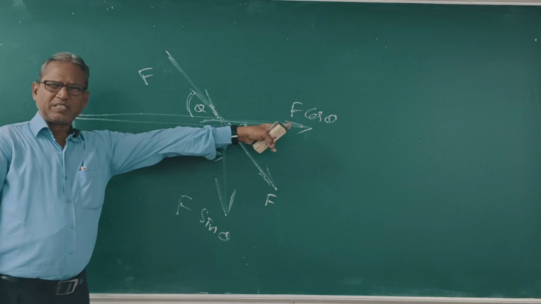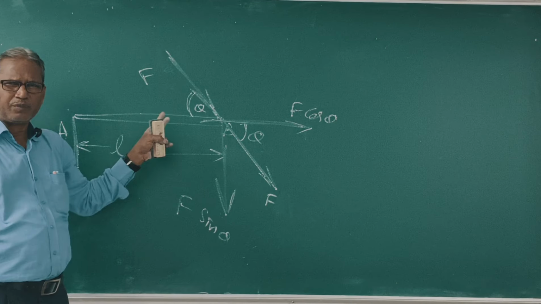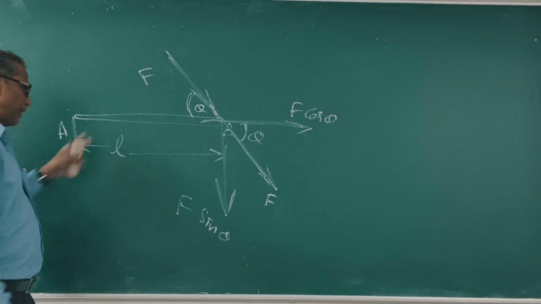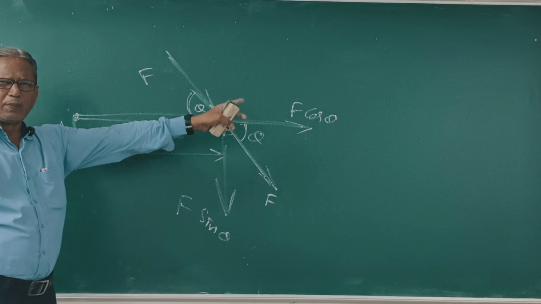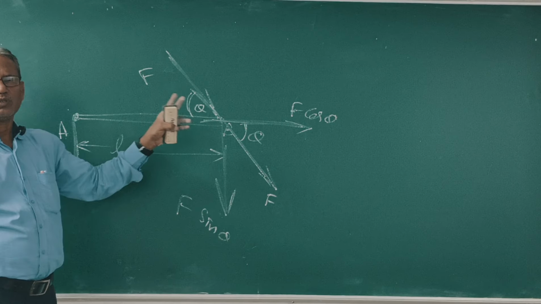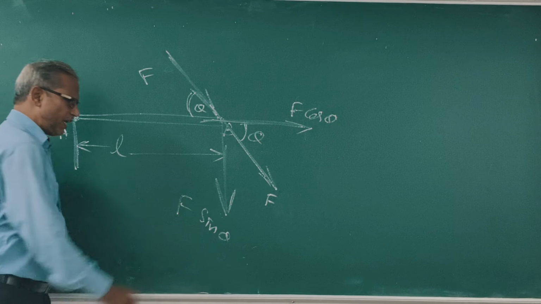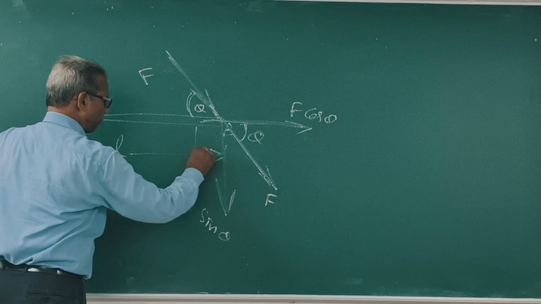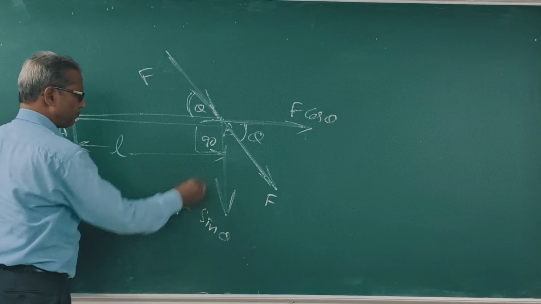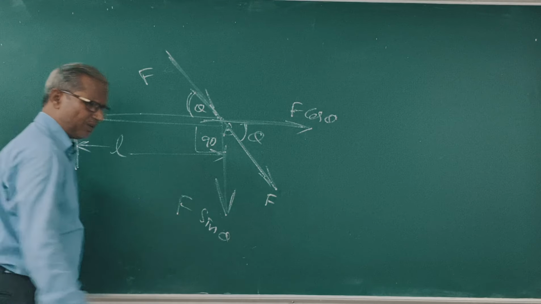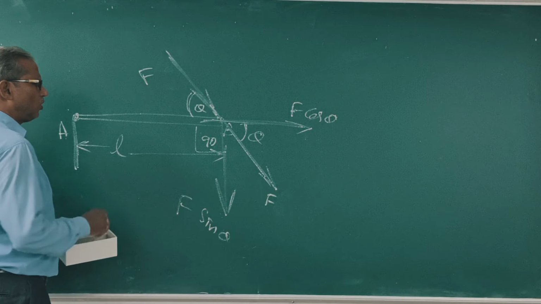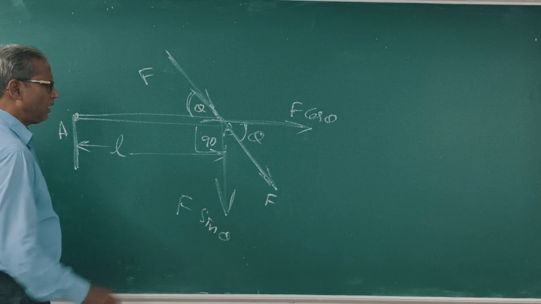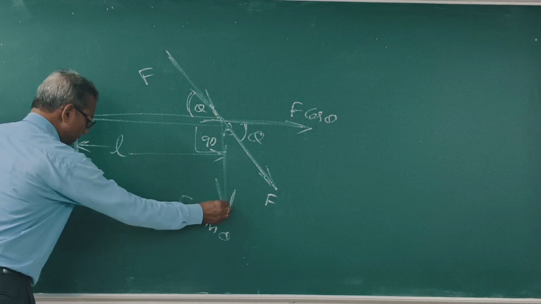So what is the perpendicular distance of F cos theta? 0, because F cos theta passes through point A. So the moment of F cos theta is equal to 0. The distance is 0. F sin theta, this is perpendicular distance, 90 degrees. So what is the moment of F sin theta? Into L.